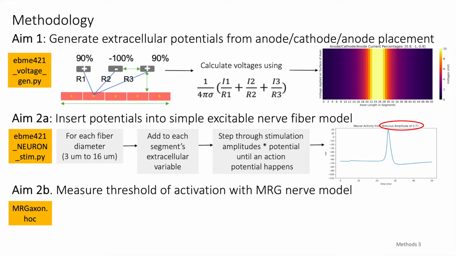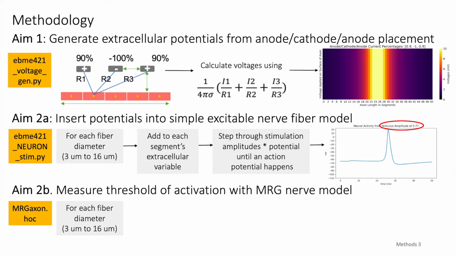Initially, our approach was to be fairly similar to what we did in AIM 2A. We would create a lot of different fiber diameters, and automatically loop through the software to give us our threshold graphs. During this process, we encountered several software difficulties that caused us to change exactly how we approach that.